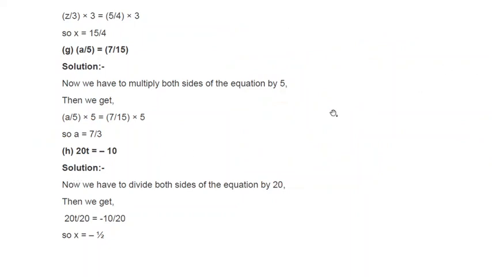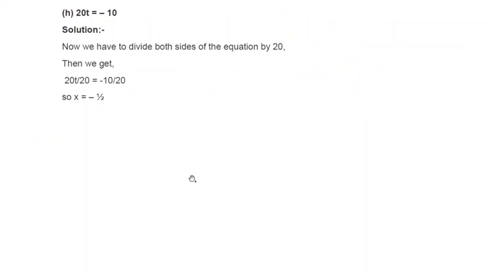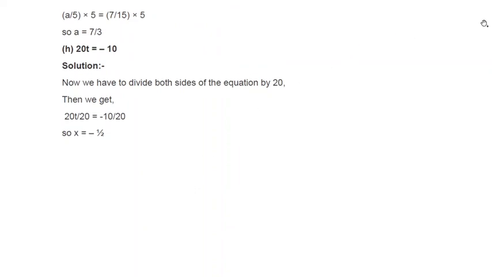Now H, we will try H. 20t, 20t means 20 into t, equal to minus 10. So what will be the first step? Dividing by 20 on both sides.